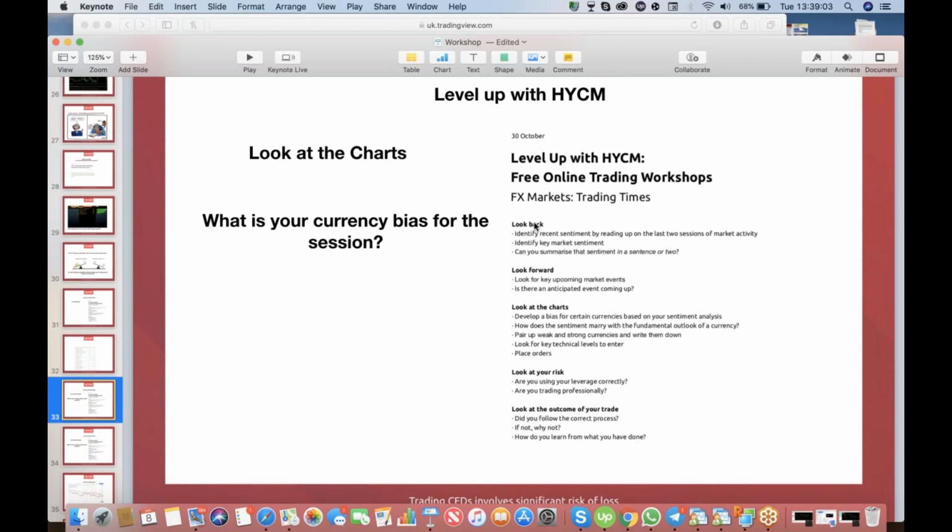When I'm saying summarize the sentiment in a sentence or two, what I'm really trying to get at, and this is something that Nadir's just gone straight to in the question section, thank you Nadir, is we're trying to identify strong and weak currencies. Nadir has said we've got a weak euro and a stronger CAD. Okay, so that's excellent, Nadir.